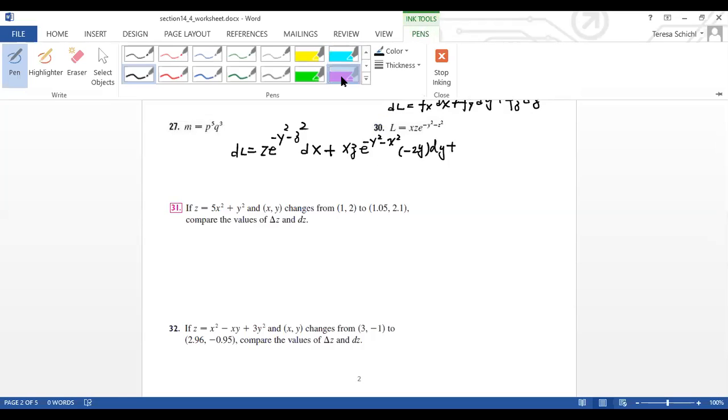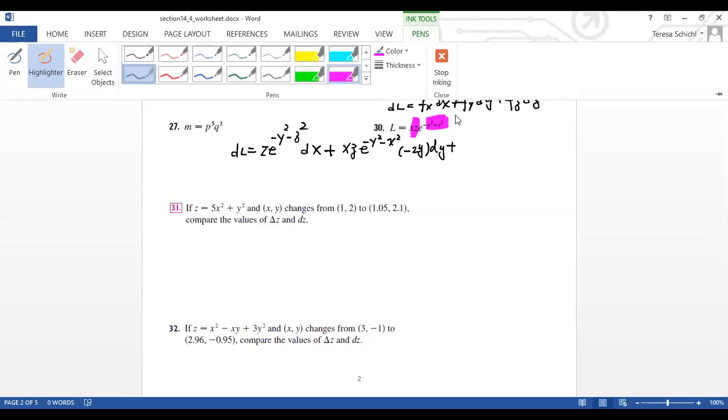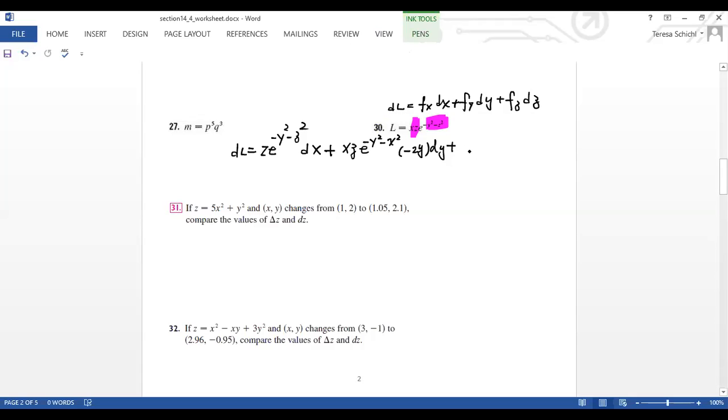Now in here, be careful, I have a z in here, I have a z in here. So what I need to do is the product rule. So I have x and e to the negative y squared minus z squared, then plus xz e to the negative y squared minus z squared, then negative 2z.